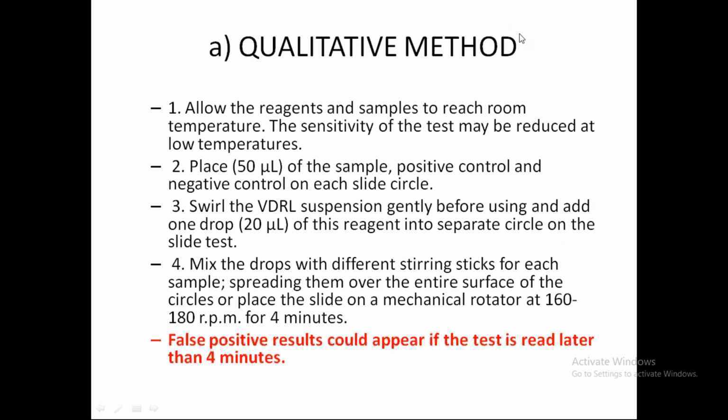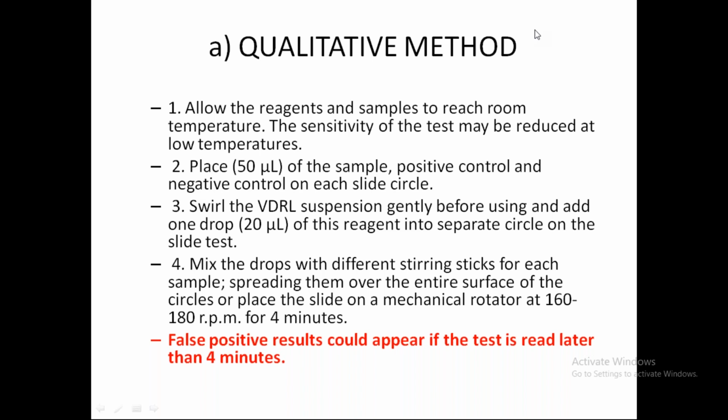Qualitative method. Allow the reagents and samples to reach room temperature. The sensitivity of the test may be reduced at low temperature. Place 50 microliters of the sample, positive control and negative control on each of the slide samples. Sprinkle the VDRL suspension gently before using and add 1 drop of this reagent into a separate circle on the glass slide.